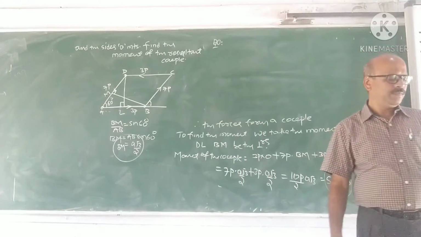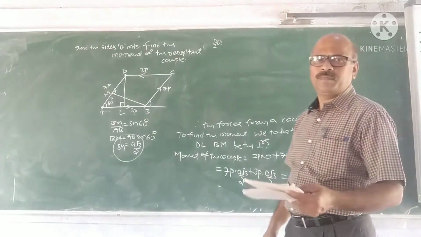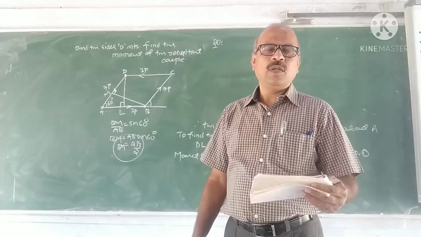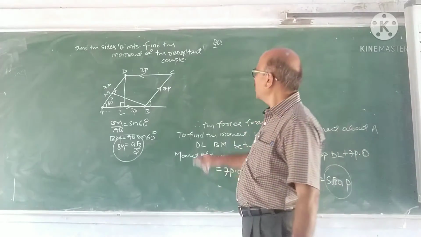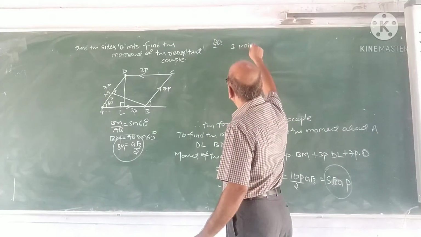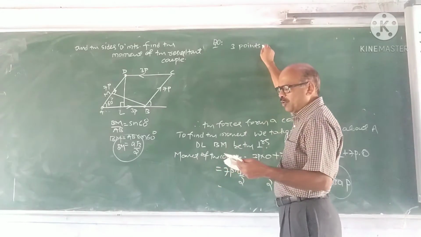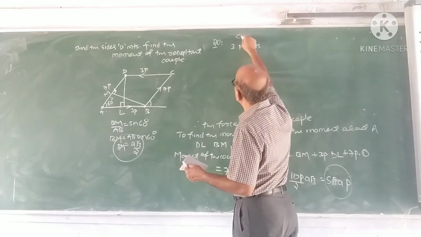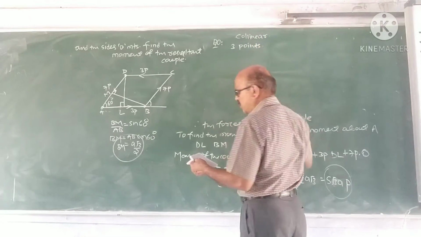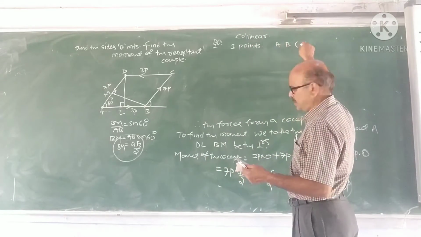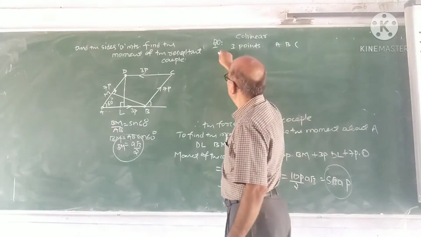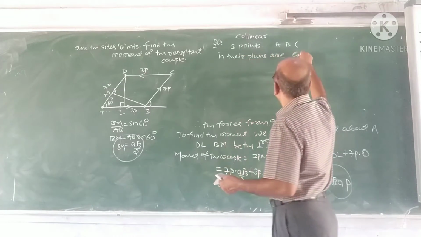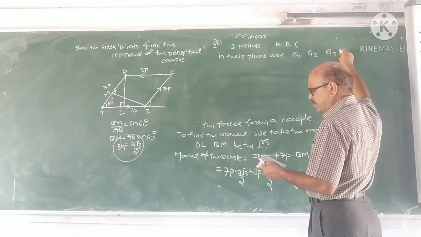The moments of a system of coplanar forces not in equilibrium about 3 collinear points A, B, C in their plane are G1, G2, G3 respectively.